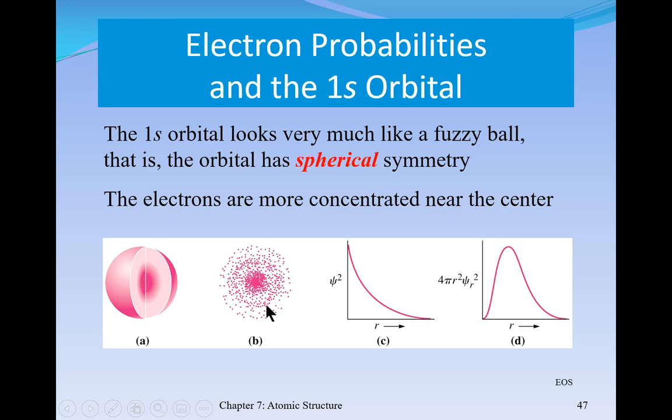You can imagine this as representing different snapshots of the electron in the atom, right? So if you take a picture of an electron at one point and then at another point, and you just repeatedly do that, that's the picture that you're going to end up with when you overlay the different pictures of the electron in this particular orbital. So that's the 1s orbital. The shape of the 1s orbital is spherical.